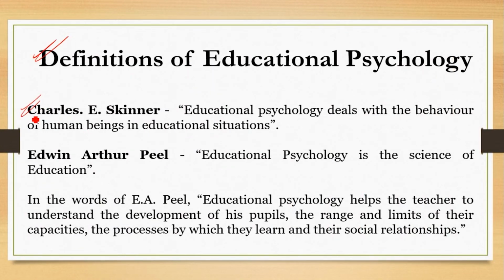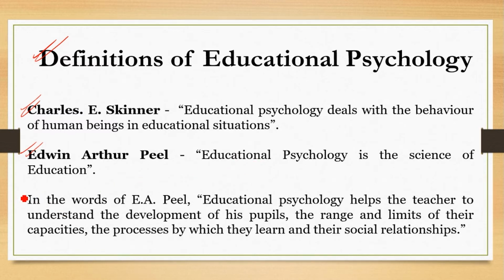Next we have definitions of educational psychology. The first definition by Charles E. Skinner: educational psychology deals with the behavior of human beings in educational situations. Next, another definition by Edwin Arthur Peel: educational psychology is the science of education.